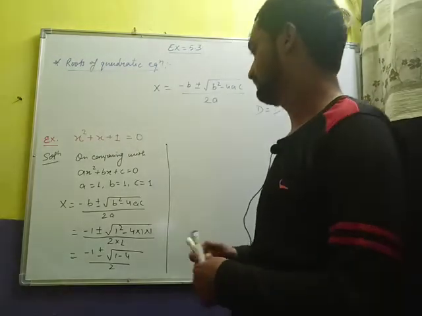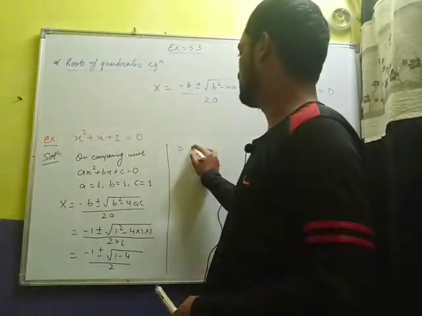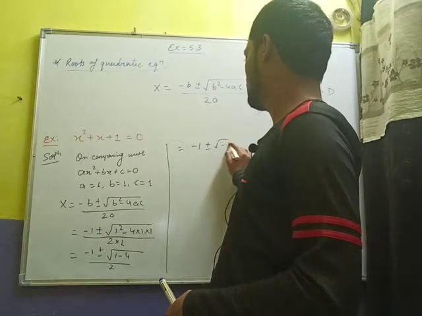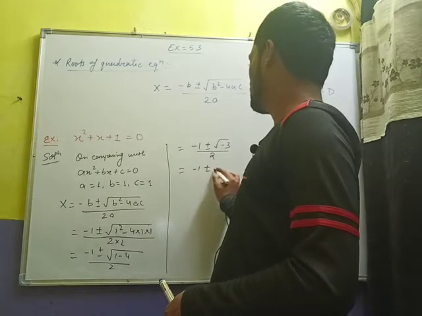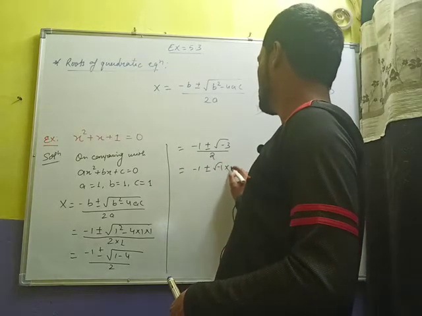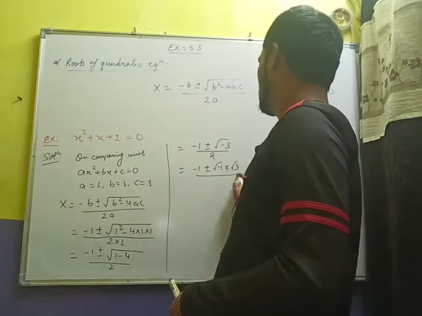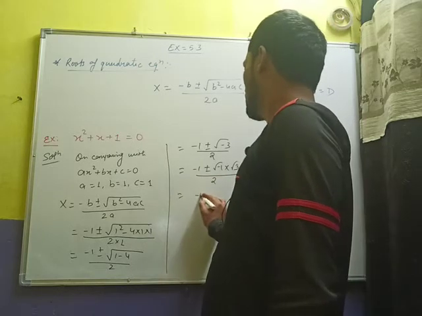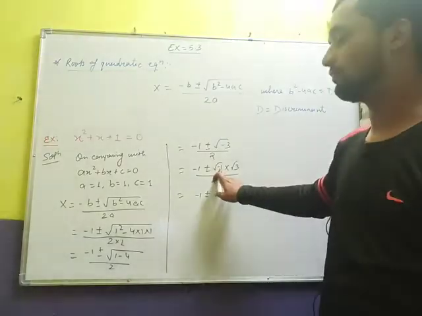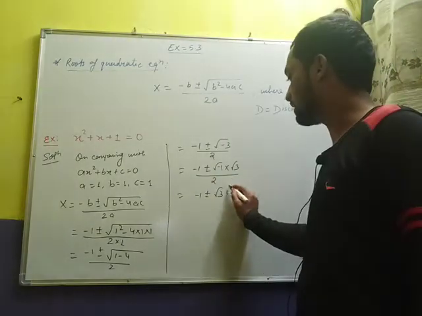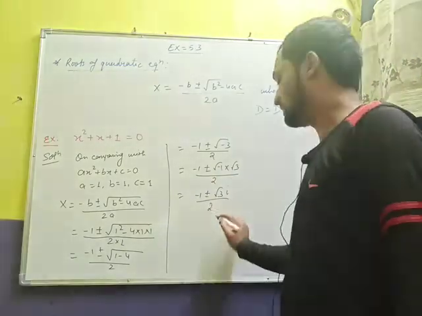So further we can write this as minus 1 plus minus root over minus 3 upon 2. So it can be written as minus 1 plus minus root minus 1 into root 3 upon 2, minus 1 plus minus root 3, and value of root over minus 1 is what? Iota. So this can be written like this.